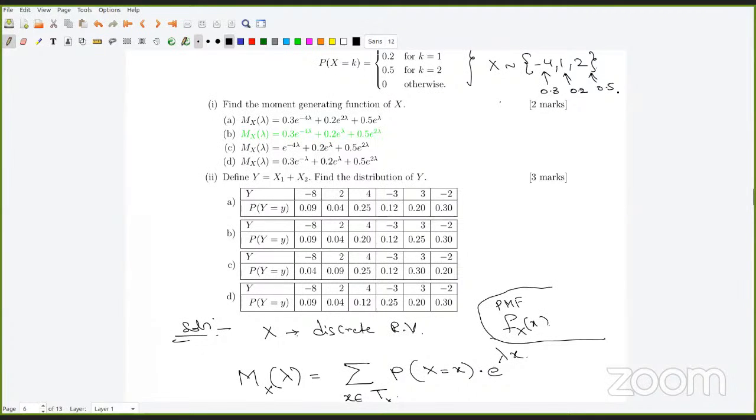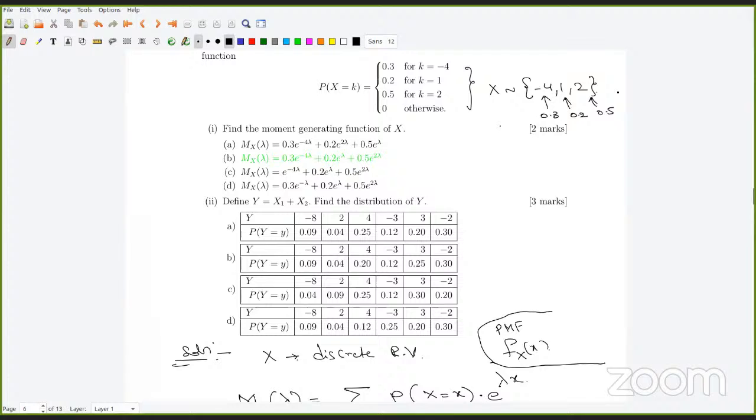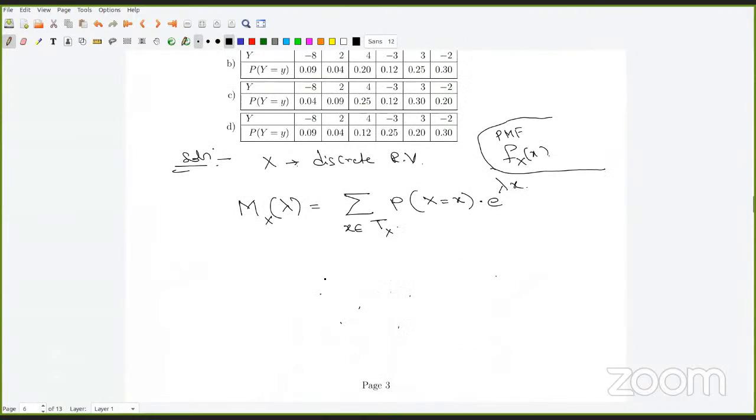X can take -4, 1 and 2, and we know the probability of each. So it will be the probability that X is -4 times e to the power lambda times -4, plus the probability that X is 1 times e to the power lambda times 1, plus the probability that X is 2 times e to the power lambda times 2.